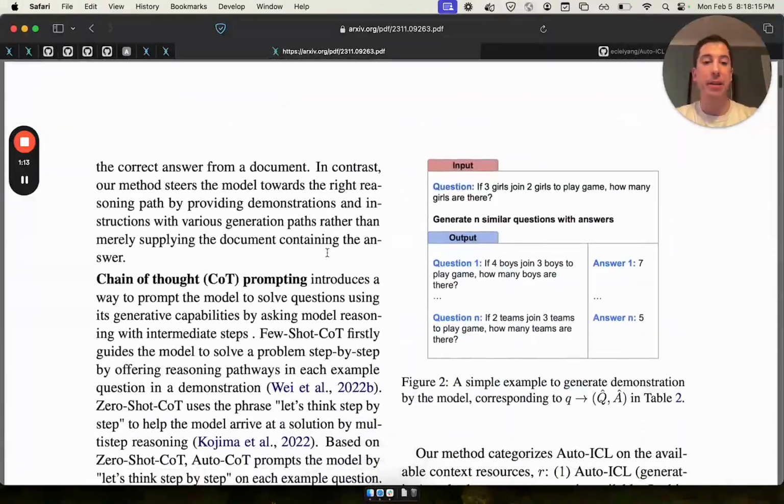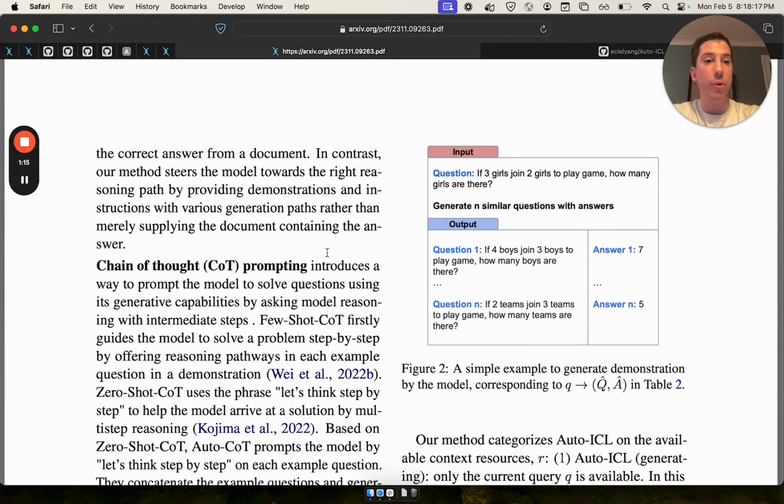So the key benefit that you're getting with this is that you don't have to actually generate and find examples for your in-context learning. And they show here that perhaps if you have some input, such as if 3 girls join 2 girls to play a game, how many girls are there? The first step is to generate similar questions with answers.